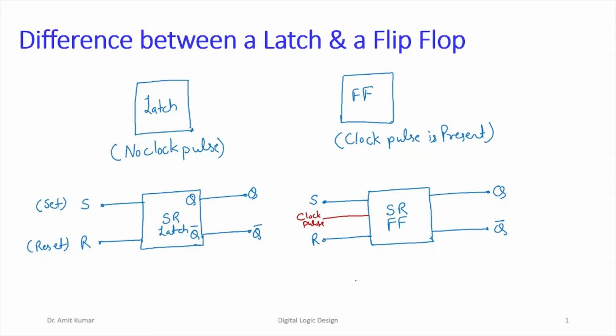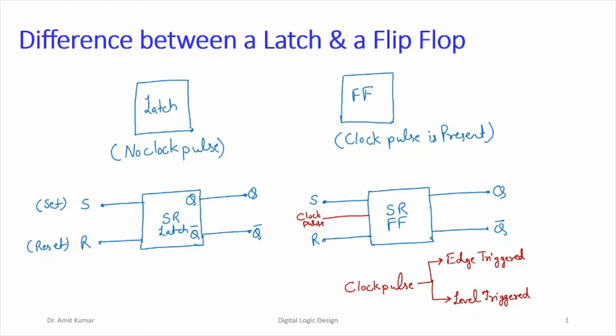Now this clock pulse may differ in terms of its triggering. The clock pulse can be edge triggered. If the clock pulse is edge triggered, then we say the flip-flop is an edge triggered flip-flop. Or the clock pulse can be level triggered, in which case we say the flip-flop is a level triggered flip-flop.